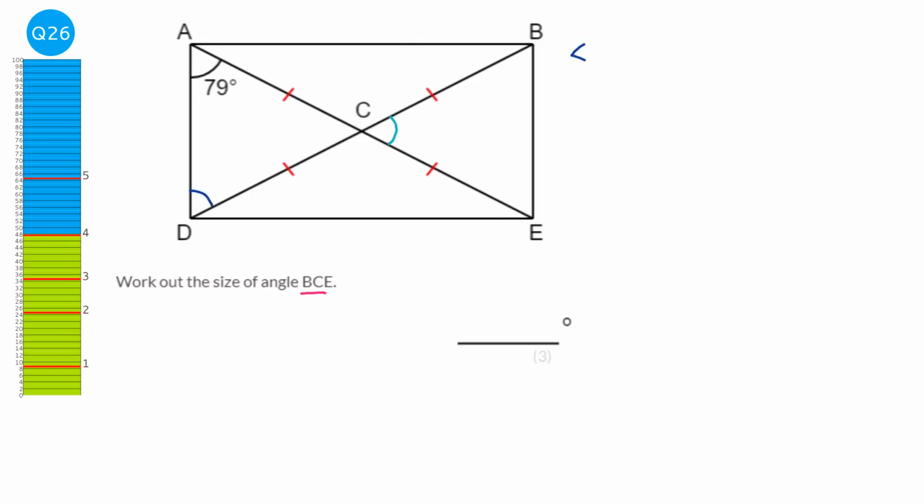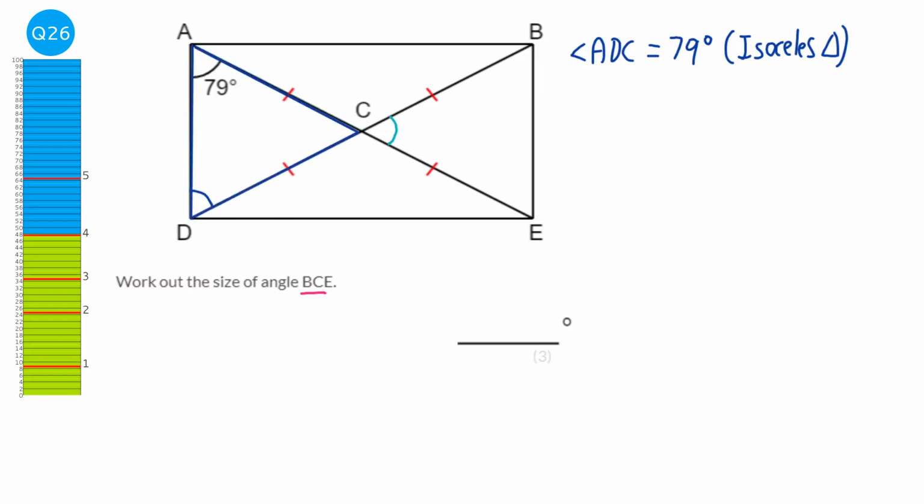I'm going to call this angle ADC. And we know that that must be 79 degrees. And always write down the reason. And we know it is because that is an isosceles triangle. So if you look, we've got an isosceles here, this one, and this one.